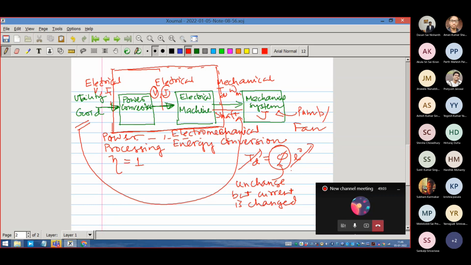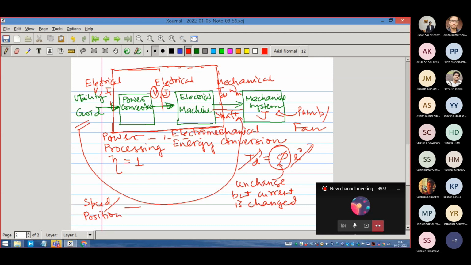So this kind of thing, speed control and the precision, the speed control and the position control, they ultimately boil down to a torque control and ultimately boil down to a current control without changing the flux. So externally it may look like speed control or position control.